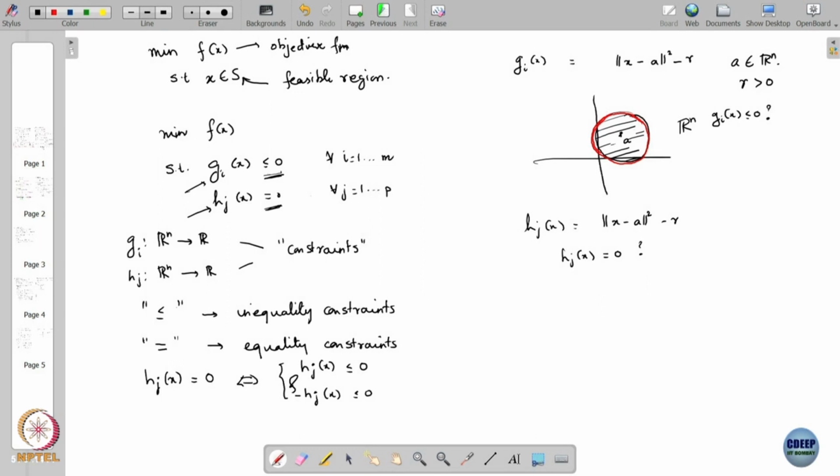But the key difference is that the ball of radius r centered at a also has its interior included in it. When we write an inequality constraint, what's effectively happening is that we are considering both the shell as well as the region inside.